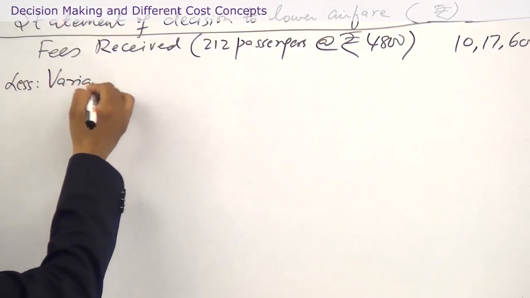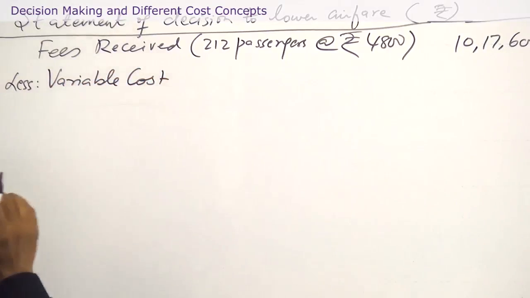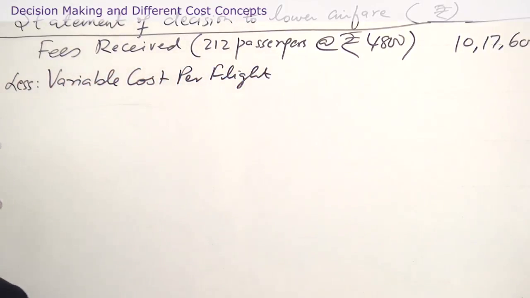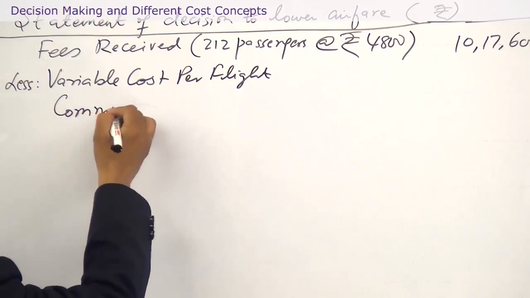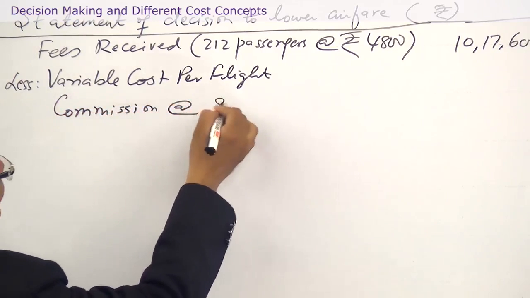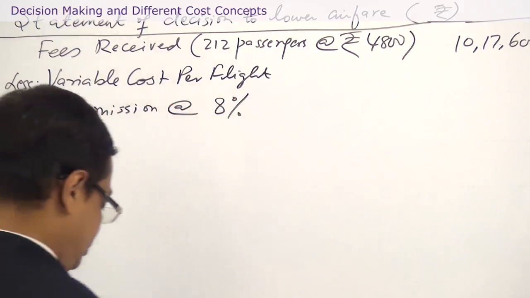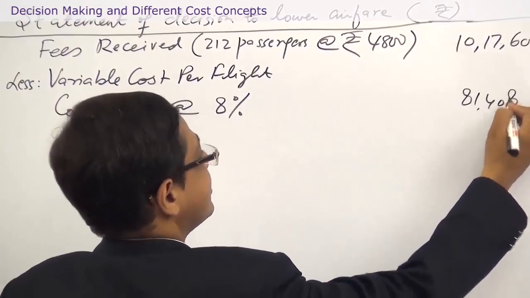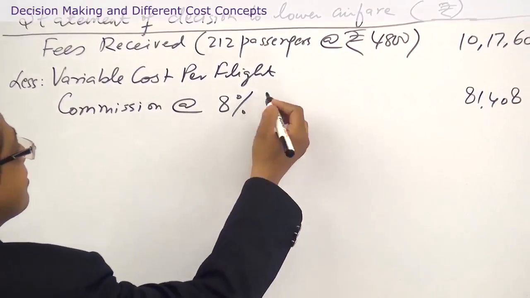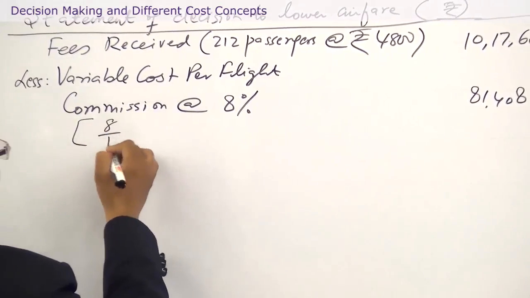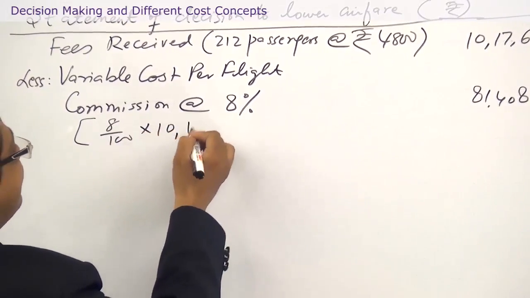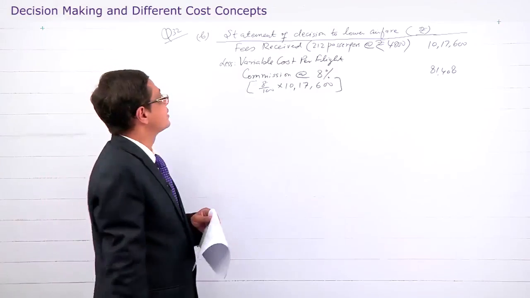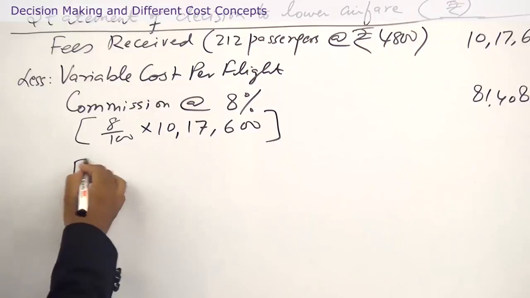Less variable cost per flight. One is commission at the rate of 8%. It works out 81,408. So this 8% is basically 8 by 100 of 10,17,600, the new fare you are taking. Then you have food service.